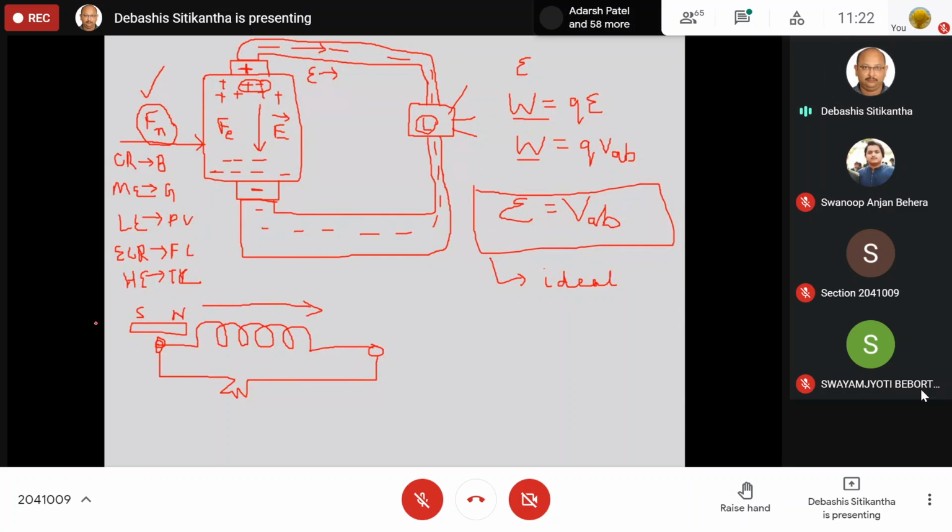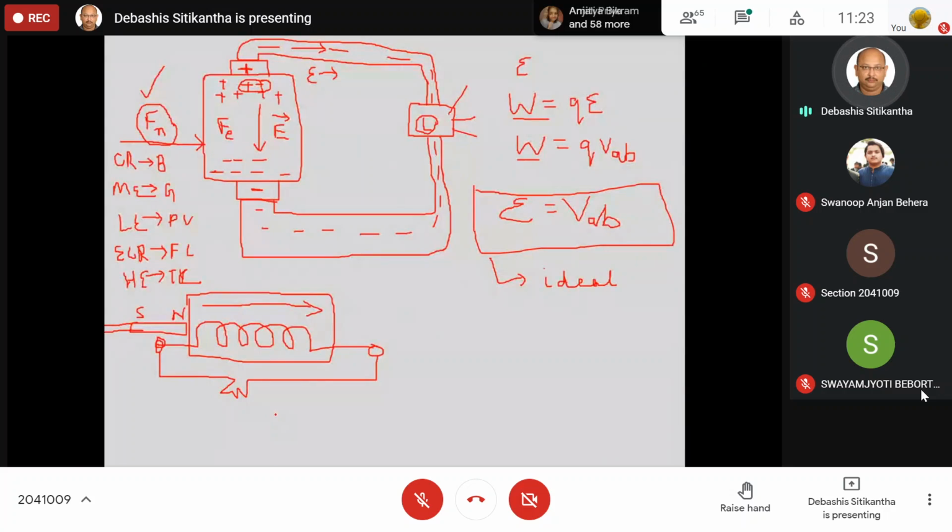This is an infinitely long magnet, and let us say I am moving it, passing it through the center of this coil. If I do that, then obviously this coil is going to behave like an EMF source. Here I am converting the mechanical energy into electric potential energy.